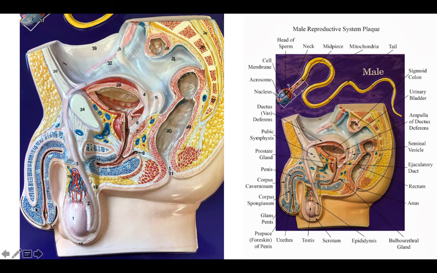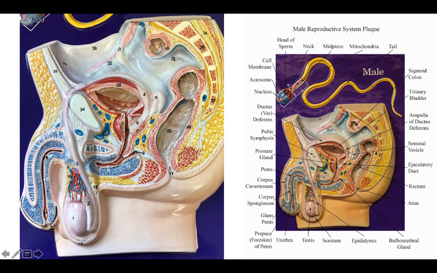So it's basically going to encircle it, which is a better description. So the corpus spongiosum is going to encircle the spongy urethra, if that helps you picture this a little bit better, because it's kind of an awkward diagram where you're looking at this sagittal section here. So hopefully that helps you to picture that a little bit better. And the corpus spongiosum here will end here at the external urethral orifice.